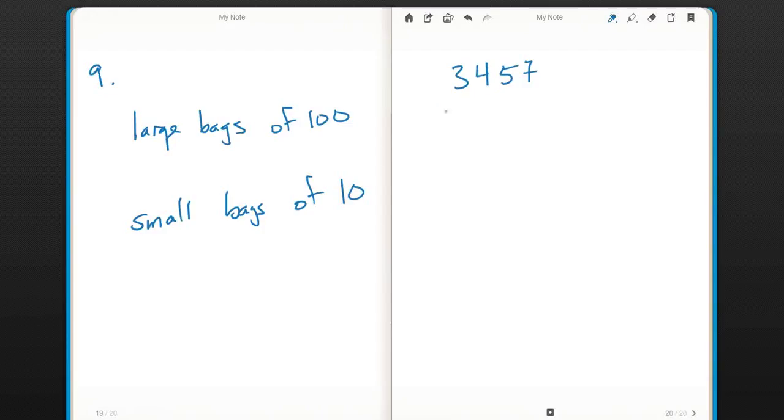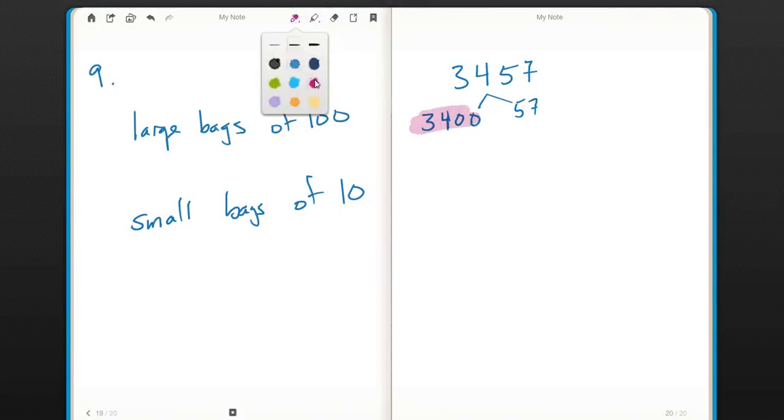Well, again, we want to break this number down, and realizing that 3,457 has at its core 34 hundreds is a very helpful thing to realize. That tells me the fact that I have 3,400 tells me that I'm going to have 34 large bags of 100. And then I have the number 57.